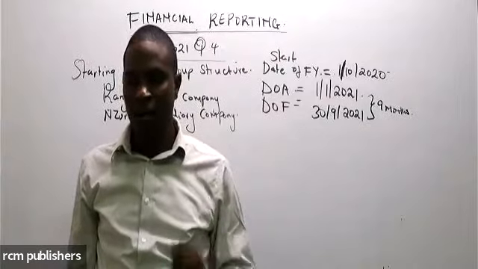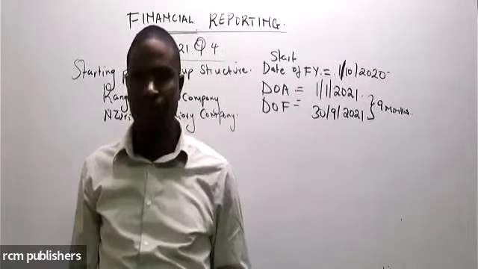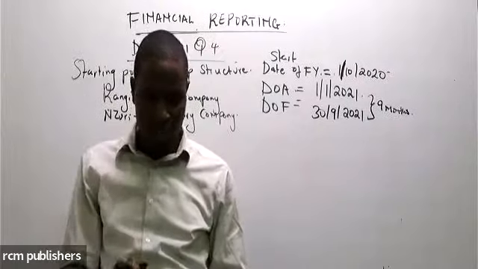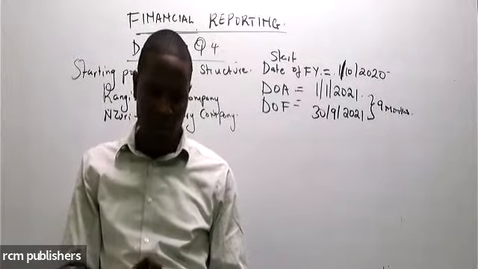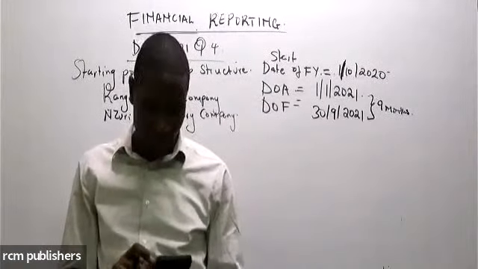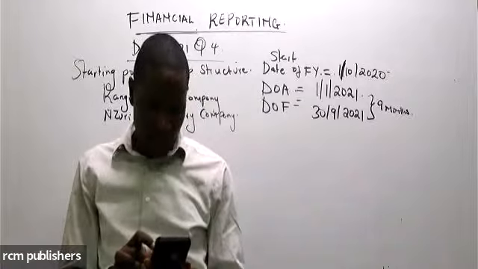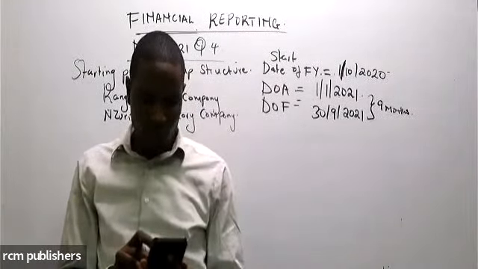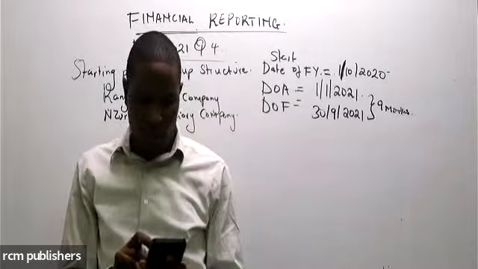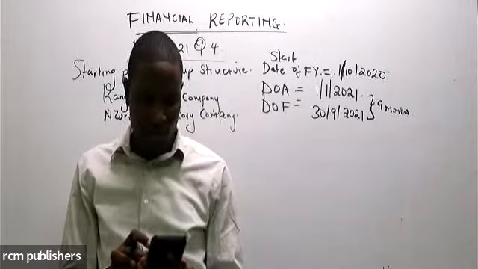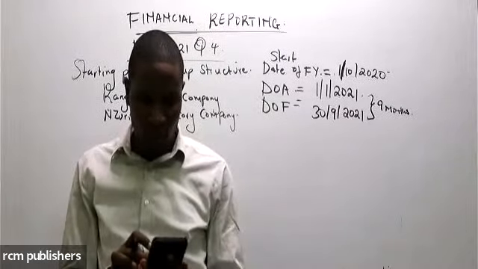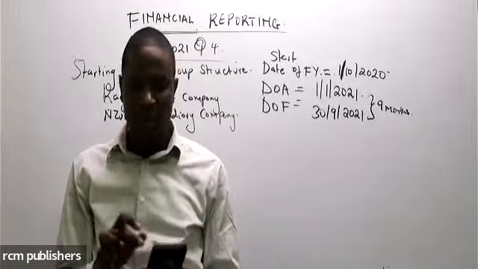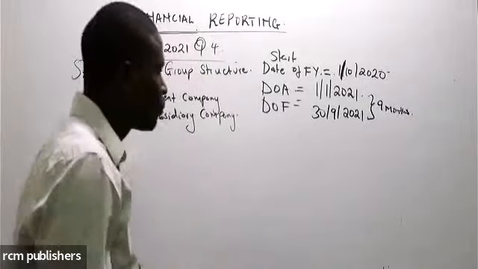Asante. Let me guide you through here. The fair value of the assets of Zuri Limited at the date of acquisition were the same as their book value, except for an item of plant whose fair value was more by 6.4 million as at the date of acquisition.